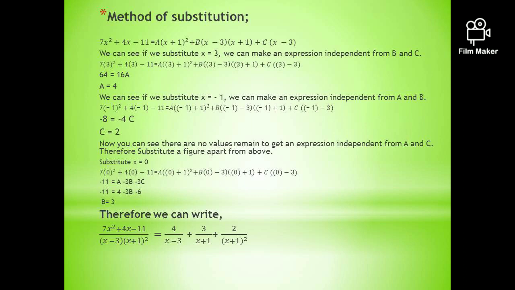Then we can write the expression as 7x squared plus 4x minus 11 over x minus 3 into x plus 1 squared equals 4 over x minus 3 plus 3 over x plus 1 plus 2 over x plus 1 squared. Hopefully you understood how to use the method of substitution to get the answers for a, b and c.